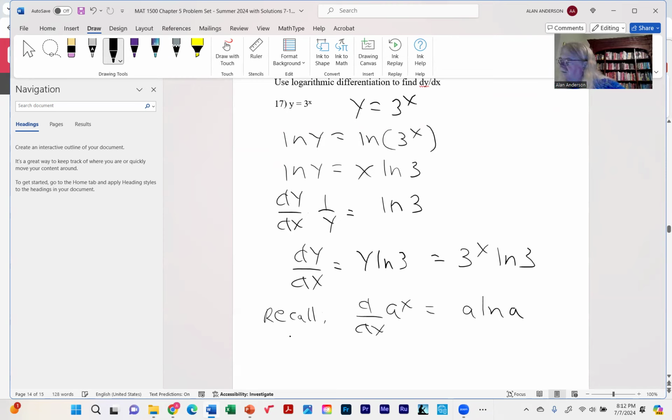Because if this is true, which we know it is, that implies that the integral of a to the u du is 1 over log a times a to the u plus c. So you're just replacing x with u, which is itself a function of x. By the way, that log 3 is a constant, so I'm going to rewrite it as 4 over log 3.